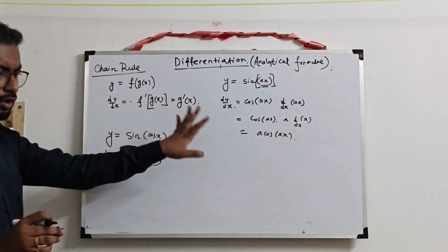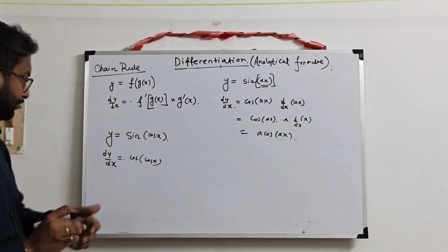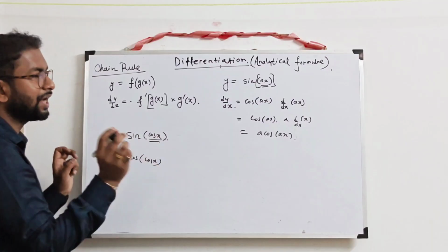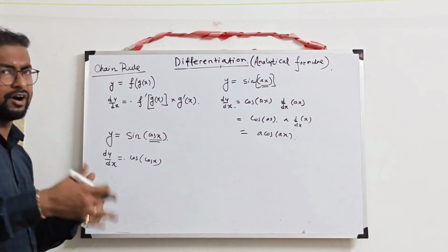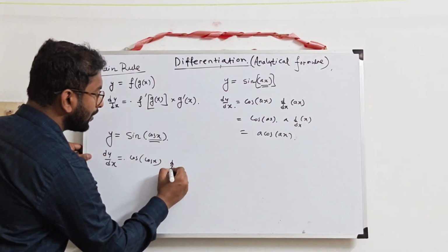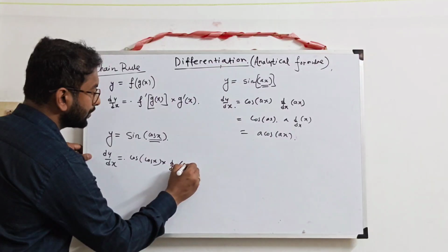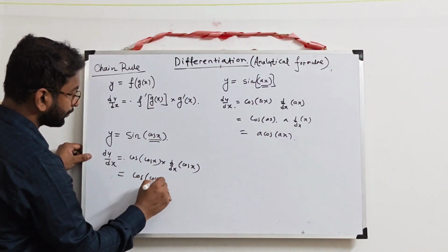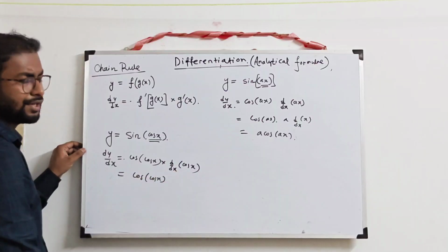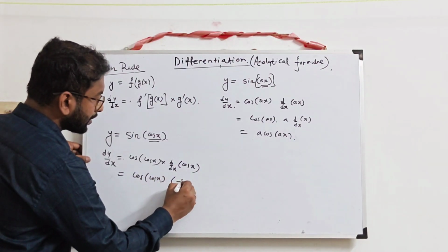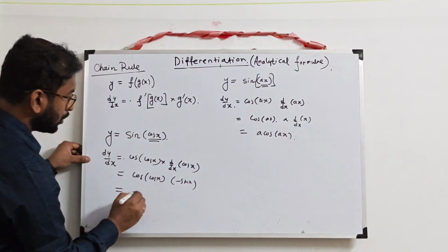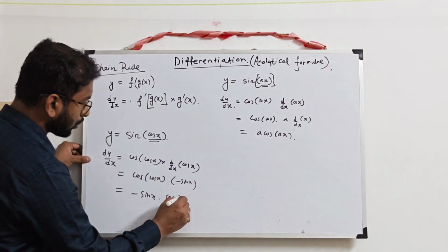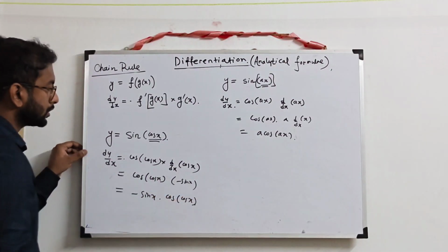You first only consider the outside function, that is sine. But as the inside function is not exactly x, it is cos x, some function of x, you have to multiply with the differentiation of the inside function also. That means you get cos of cos x, and the differentiation of cos x is minus sin x. So your answer is minus sin x multiplied with cos of cos x.